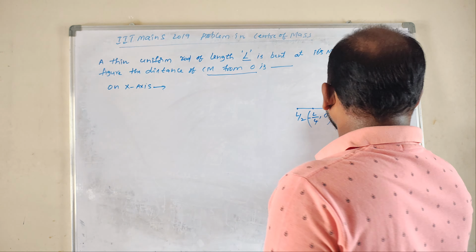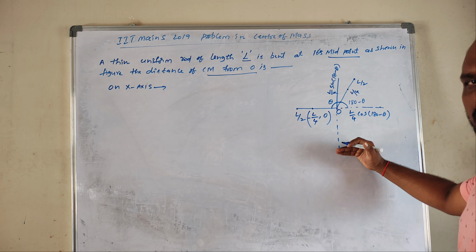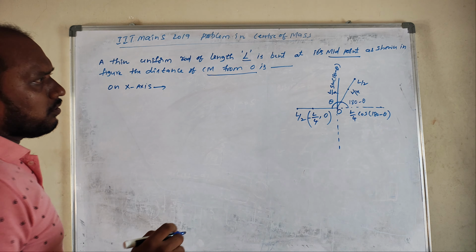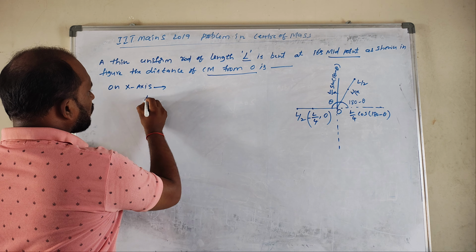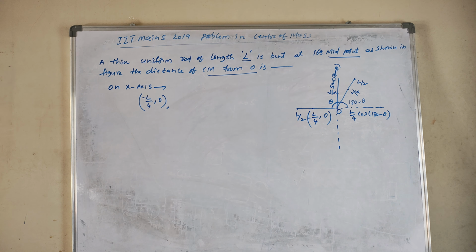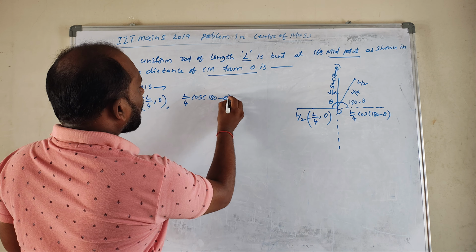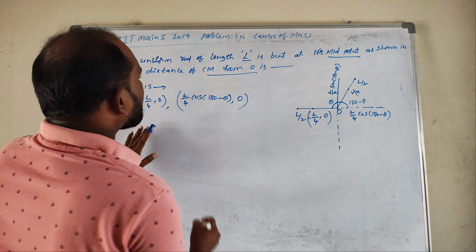I hope this is the coordinate system: this side is positive, this side is negative. On the x-axis, the first point is minus L by 4 comma 0, and the second point is L by 4 cos(180 minus theta) comma 0. So we have two points here, no doubt.